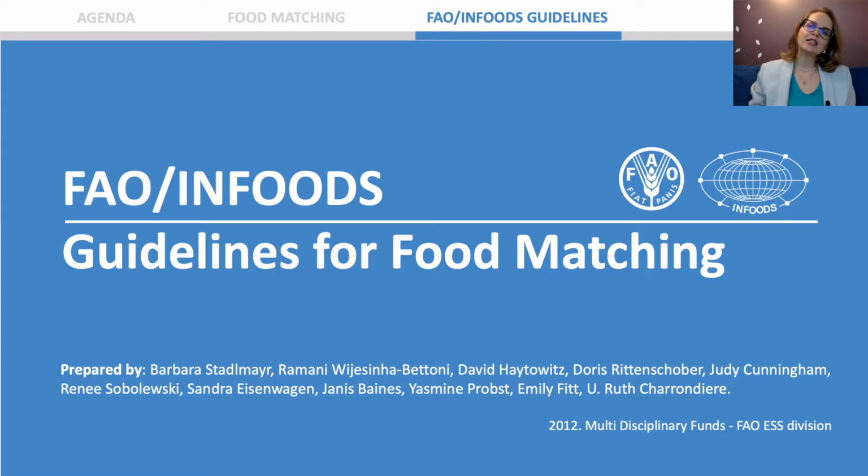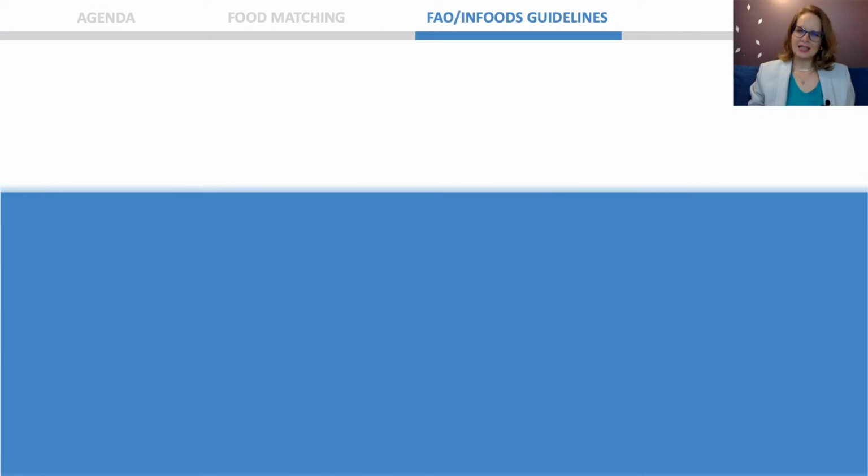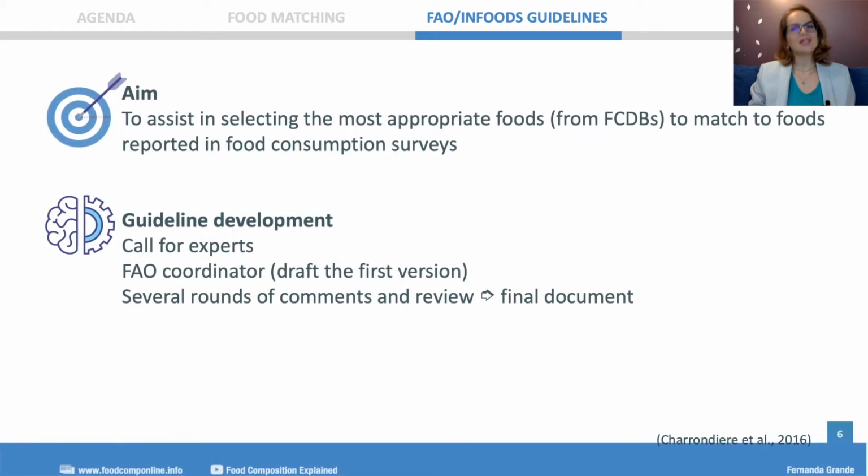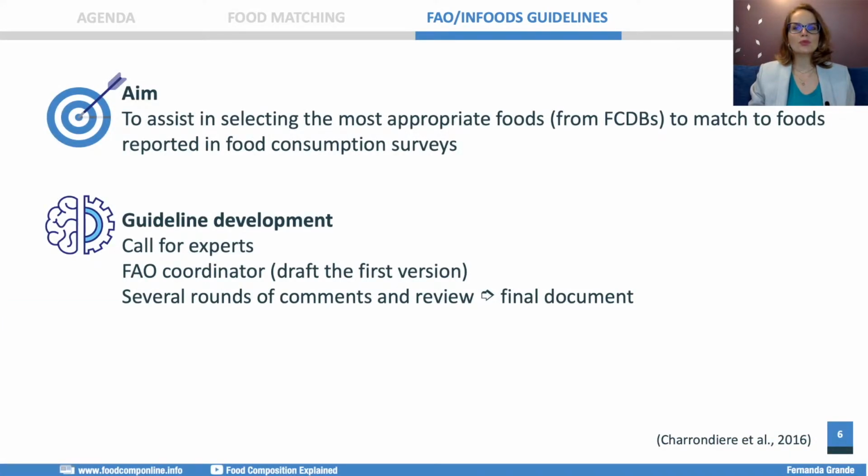And these guidelines were developed with the contribution of a group of experts. These guidelines were intended to assist in selecting the most appropriate foods to match to the foods reported in food consumption surveys. But they are also very useful when compiling food composition tables or databases, during the data aggregation from different sources and also when filling data gaps.